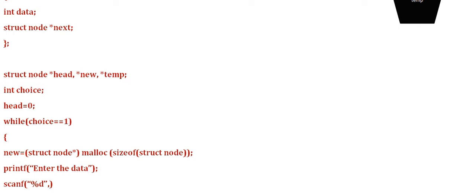And now I can't use data directly like this. I cannot access the element of the structure directly, so I have to use this method. What is the node name? New. Okay, new arrow. Which field? Data or next field? Which is the data field. Okay, so that is the format.